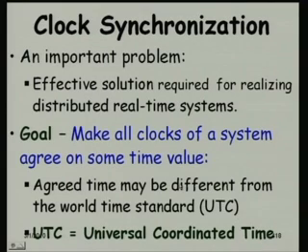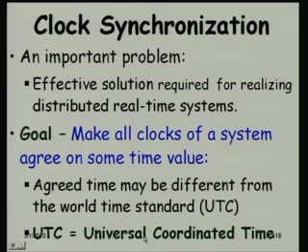So, the agreed time that we will discuss can be different from the world time standard. The world time standard is called UTC, Universal Coordinated Time, but this is not the full form, isn't it?